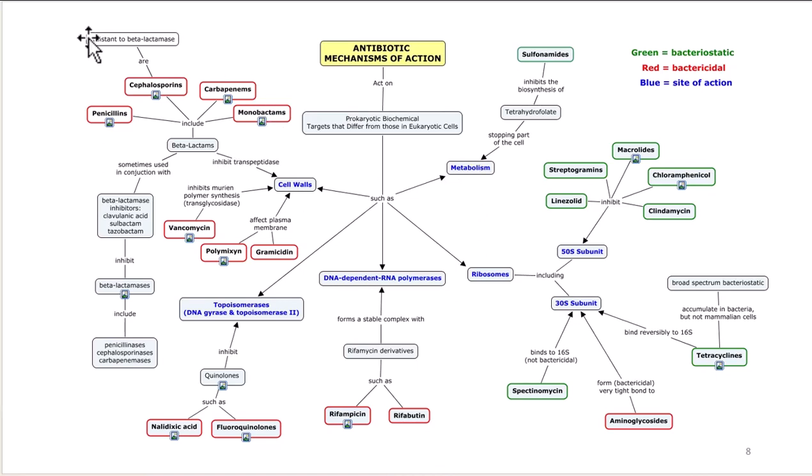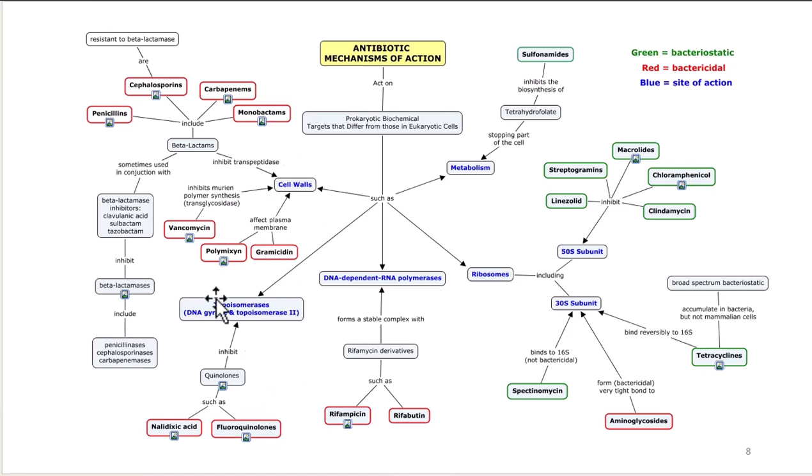Then we'll be starting out with the penicillins, cephalosporins, carbapenems, and monobactams. These will all inhibit the bacterial cell wall. Then you're also going to have vancomycin, polymyxins, and gramicidins also affecting cell walls.